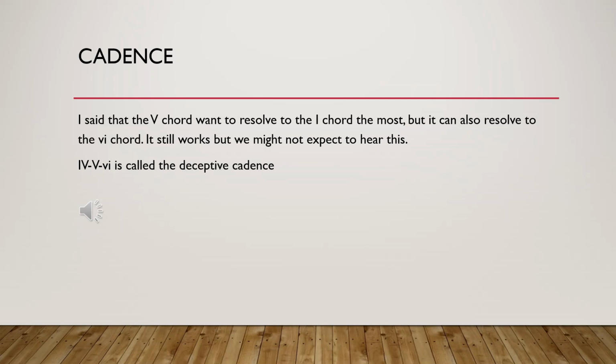But it can resolve to any tonic chord, and if it resolves to the 6th minor chord, we call it a deceptive cadence, because you would expect it to go back to 1, but 6 also works, and it has its own name. It sounds like this.